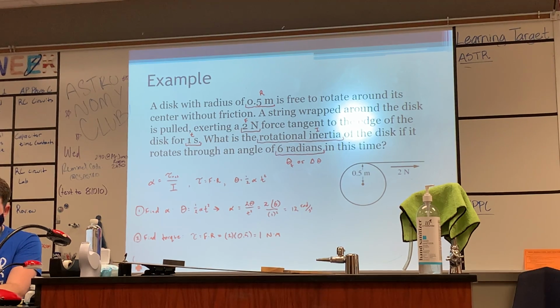And then put it all together. So I is going to be equal to torque divided by alpha, which is 1 divided by 12.